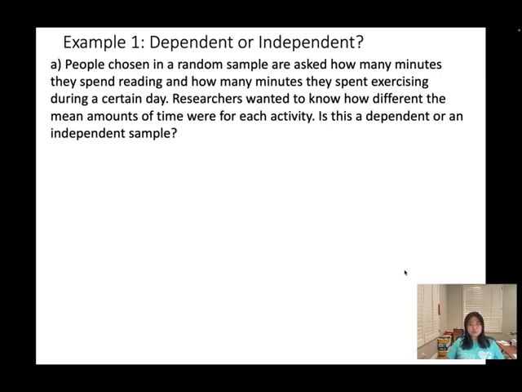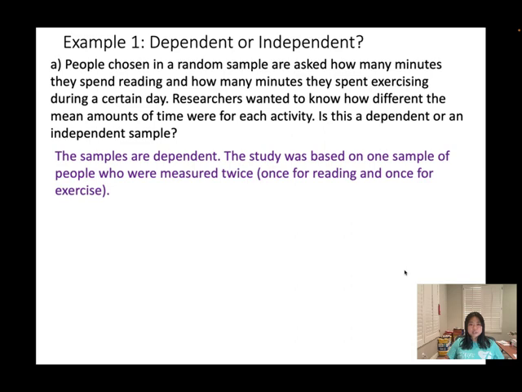Think about it. Does the data come from the same person? Yes, right? The samples are dependent. The study was based on one sample of people who were measured twice. One is reading, one is exercise. So this is called matched pairs.